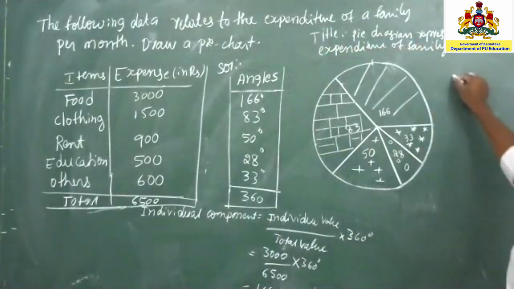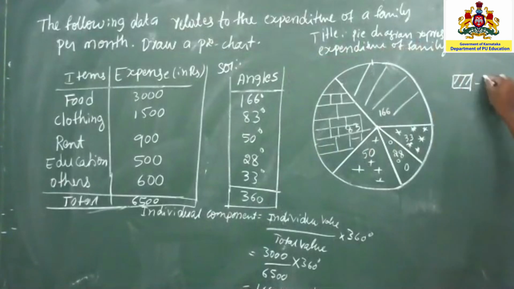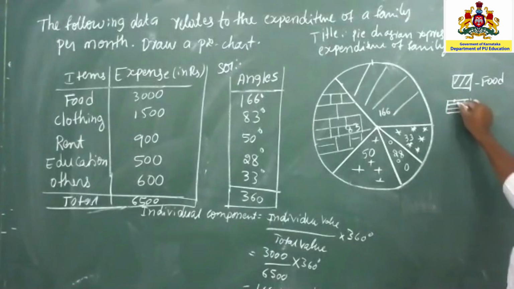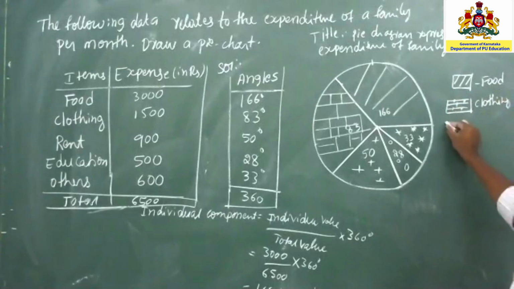Similarly, we have the index. The first one, 166, what? Food. 166 is the food, and the second is what? Clothing. This one is clothing, and next one, the plus mark, is what? Rent.